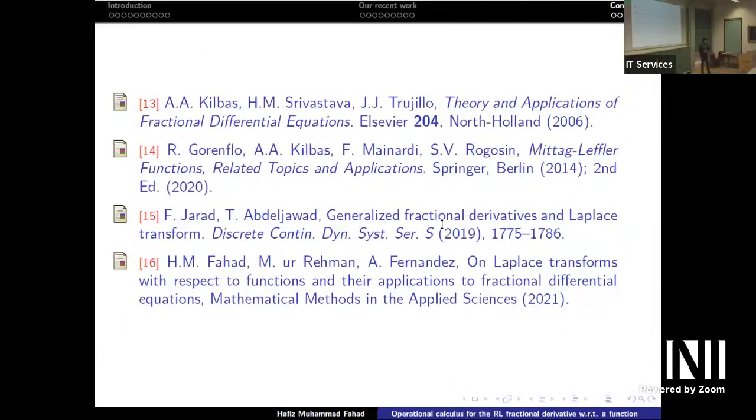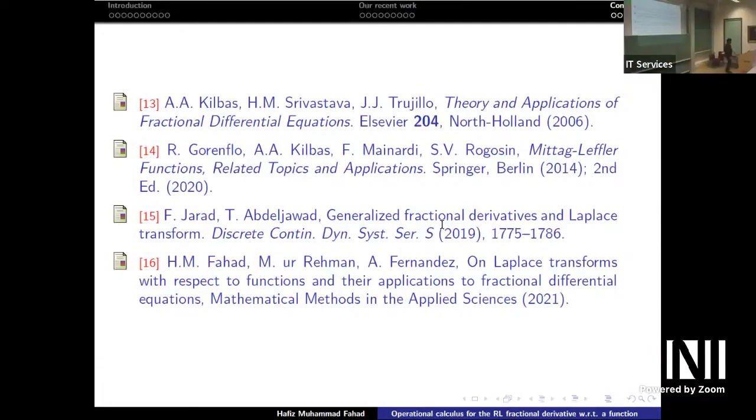During my talk, I used the term generalized Laplace transform. I'm sorry, I couldn't add it to my slides. So here is the expression for the so-called generalized Laplace transform with respect to psi.